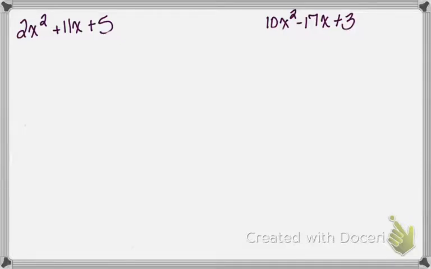Okay, and what's different about this is I have an a in front of my x squared. So I have ax squared plus bx plus c. Okay? Ax squared plus bx plus c. That's how this is different.